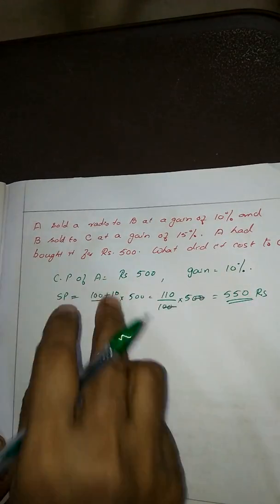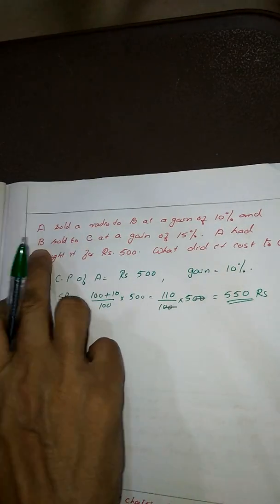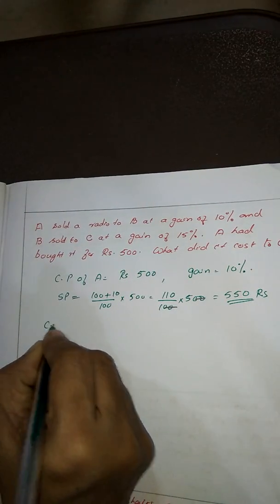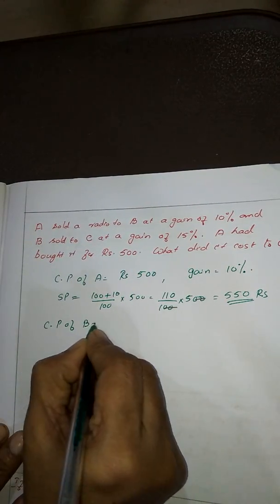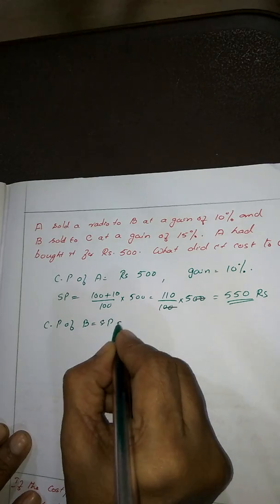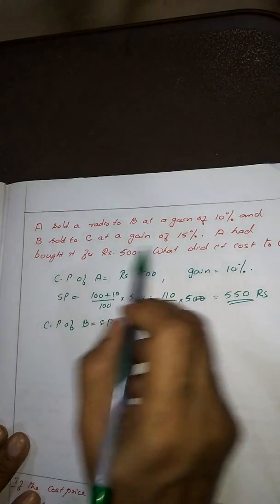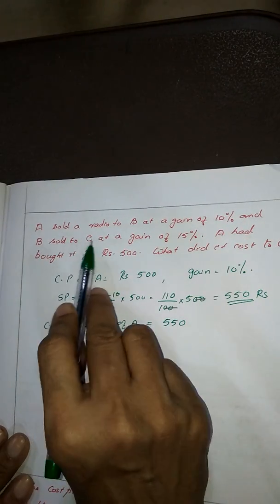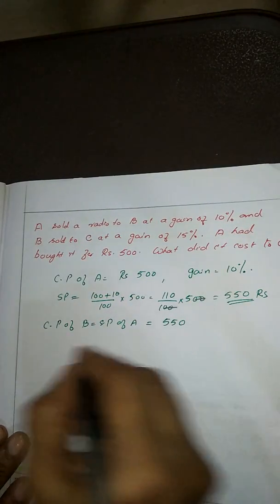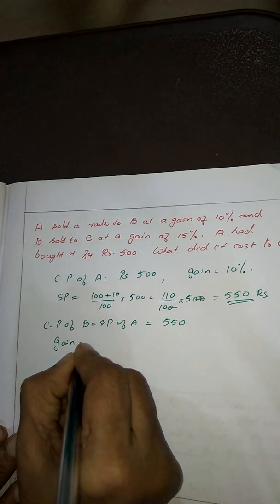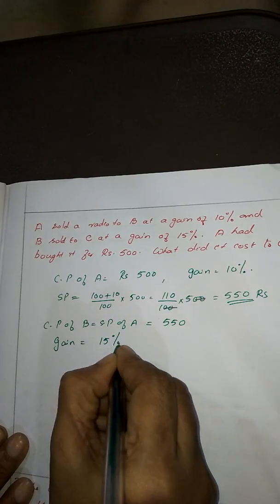So this is the selling price of A. So this will be the cost price for B. So cost price of B is equal to selling price of A, that is equal to 550. And B is selling to C at a gain of 15%, so gain is equal to 15%.